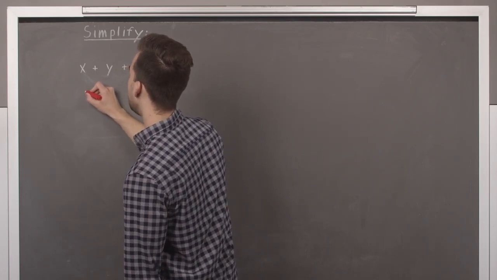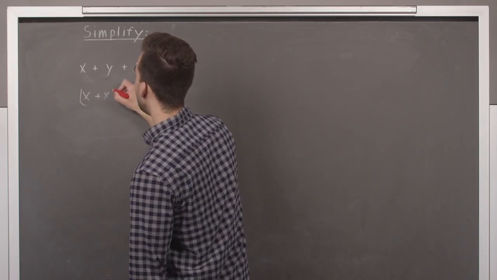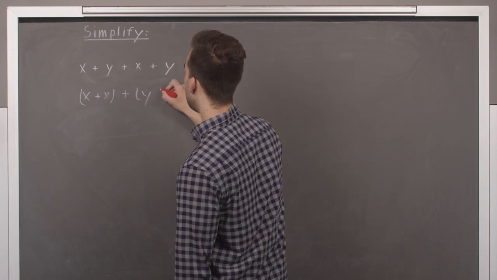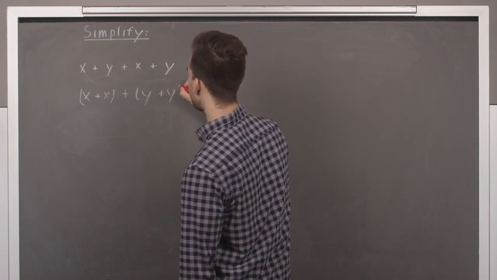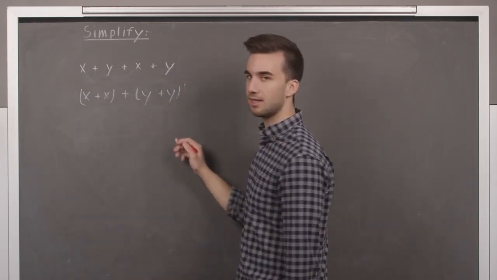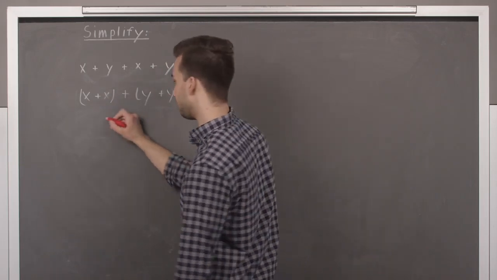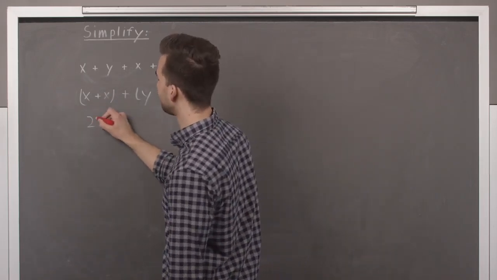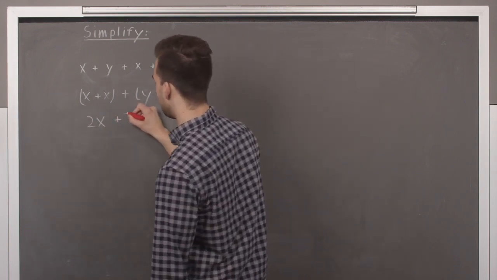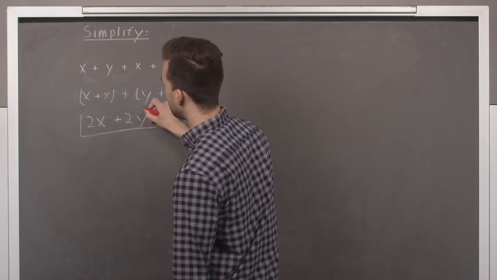So we have x plus x, and then we have plus y, and then plus another y, right? And so now it's a lot easier to see what we're left with. We can just add x plus x, which will give us 2x. And then we have a y plus y here, which will give us 2y. And that is our solution for this expression.